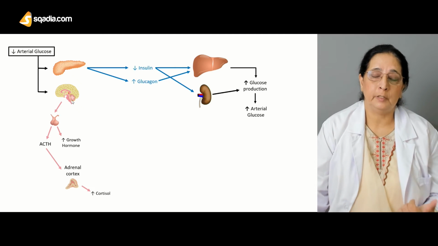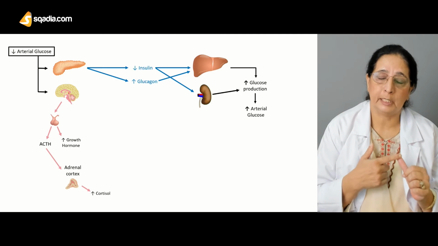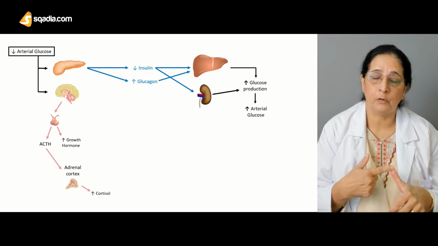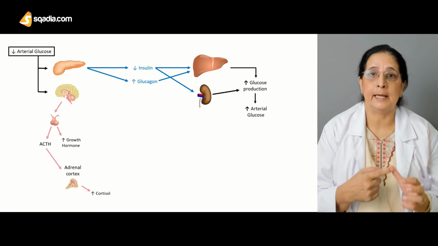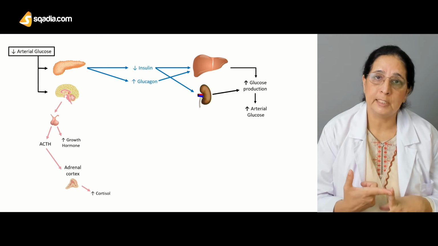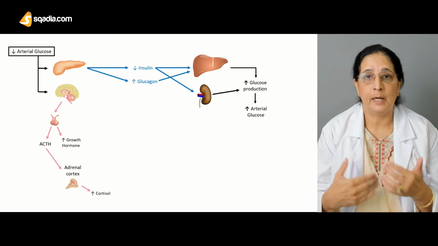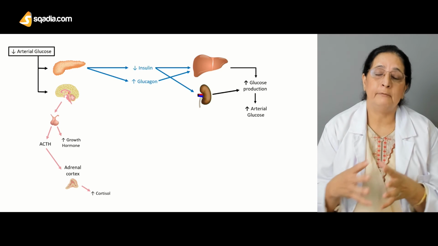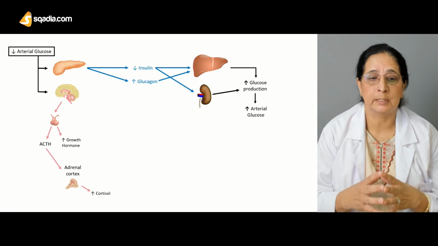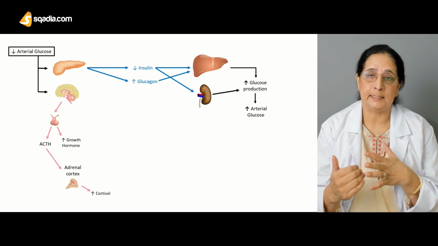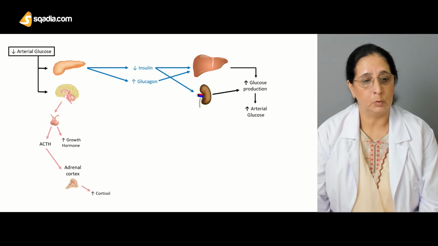So in the pituitary, decreased blood glucose level causes increased production of adrenocorticotropic hormone that acts on the cortex of the adrenal gland, causes production of the cortisol, and this cortisol in turn causes increase in the blood glucose level. Same with the growth hormone that causes increase in the blood glucose level. So this is one mechanism by which again there is rise in the blood glucose level.